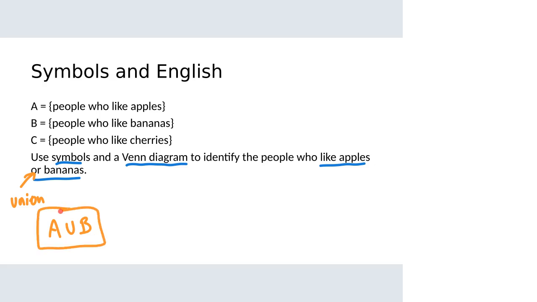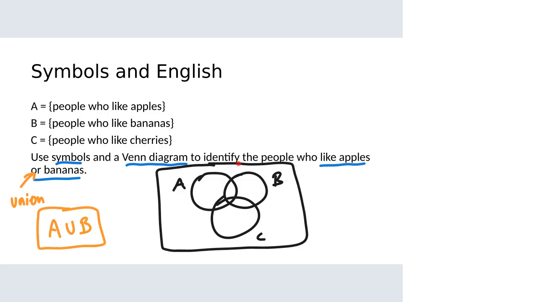When I go to put this in my Venn diagram, I'm going to have A, B, C, and then, all right, this is union. I'm just joining these together. So there's the people who like apples. Here's the people who like bananas. I'm just joining them together. That's my picture. And the regions shaded are 1, 2, 3, 4, 5, and 6.